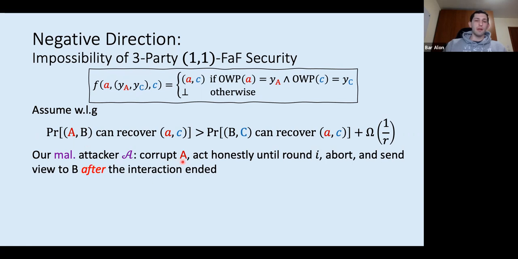It will corrupt A. It will act honestly until this special round I, where there was a jump. It will abort and not send any messages to anyone. And then after B and C finish their interaction and output what the protocol specified, the attacker A will send its entire view to B. And that's it, that's the entire attack.